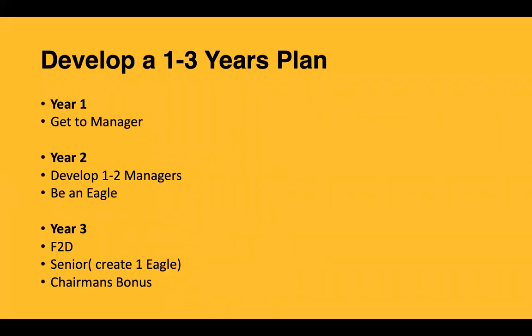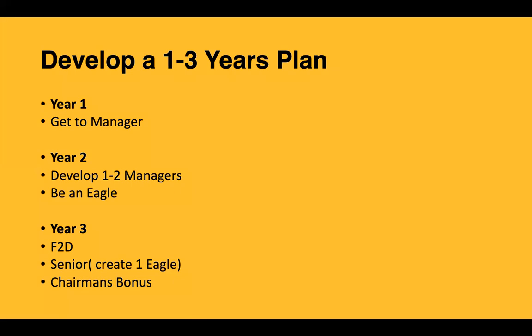That means if you start preaching this plan to your team, of course, not everybody will connect with this plan, because this is a plan for those that want big things from forever. Those that will connect with this plan, it means the first 3 years, you will qualify for chairman's bonus.